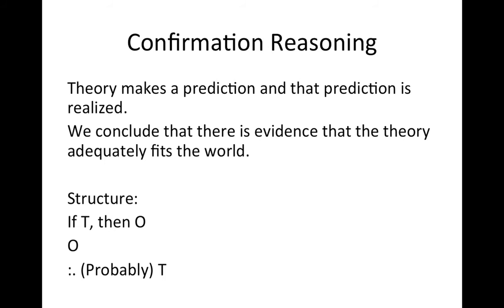But this is why we have the term probably in here, because this is an inductive argument. We have some sort of evidence that the theory adequately fits the world, but it does not follow that the theory does fit the world. So we have a very weak notion, an inductive notion of confirmation.